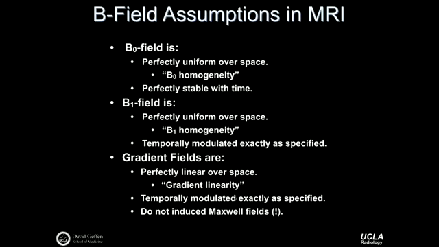And that they're temporally modulated exactly as specified, meaning that if we put a current into it and we turn the gradient on, it turns on and it behaves exactly like we want it to. Mathematically, of course, we do this because it's convenient to assume such a thing. When it comes to real systems, there are gradient delays and gradient nonlinearities and gradient imperfections that cause meaningful image artifacts, but we won't deal with those specifically at first pass.